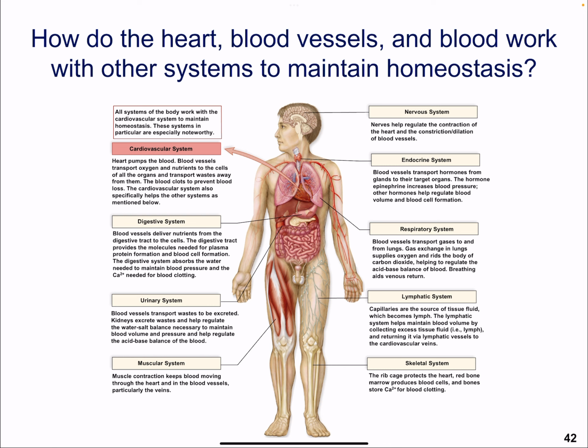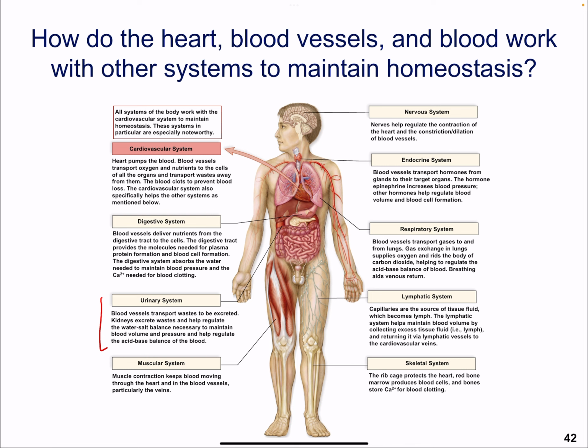But I do highly encourage you to go through the slide and to see how your circulatory system works closely with other systems. For instance, if you consider the cardiovascular system with the urinary system, how do they work together? So the blood vessels are going to transport fluids in the kidney, and there the blood is going to be filtrated, right?